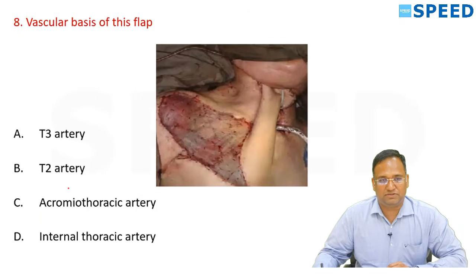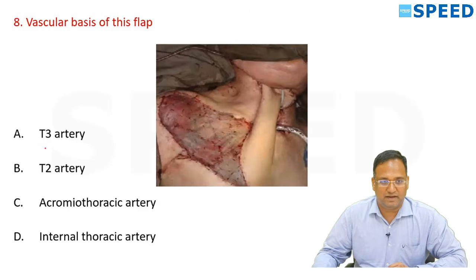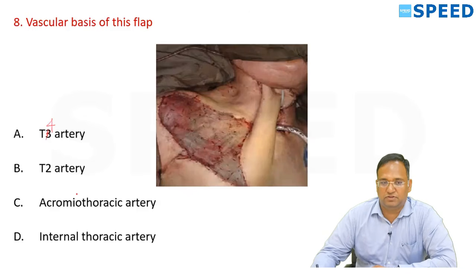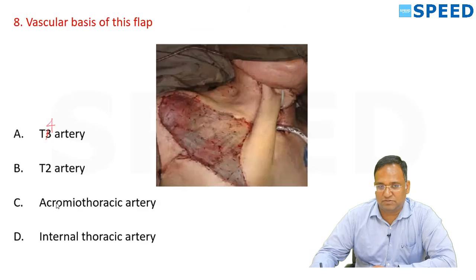Now the vascular basis of this flap: was a similar picture given in your exam and were these options appropriate? Let me know if this is right and we will discuss the answer. Option A was T4, is it? Okay, T4 intercostal artery. Is the question okay? Medial pedicle flap was for which option? Instead of acromiothoracic, it was thoracodorsal.